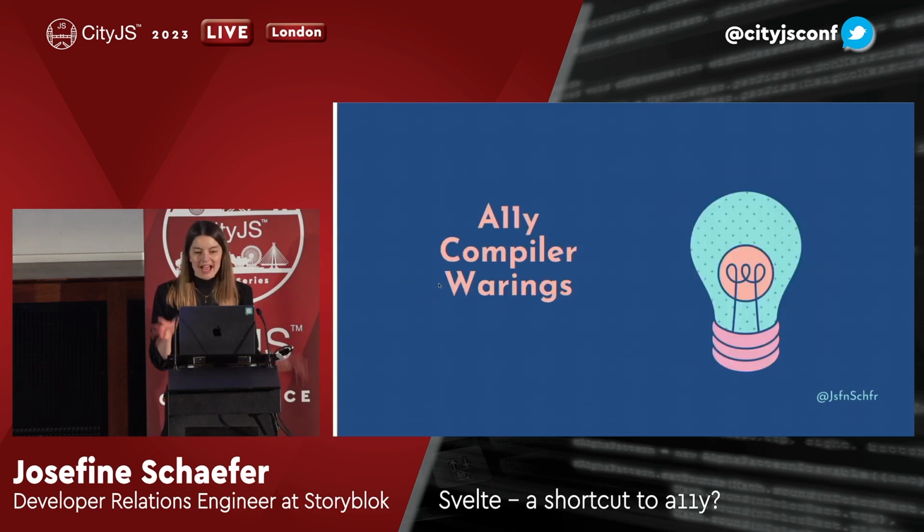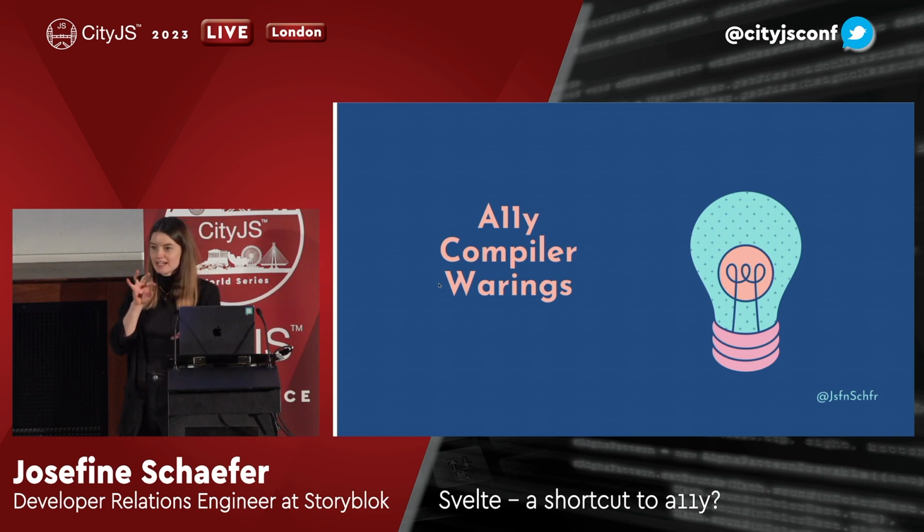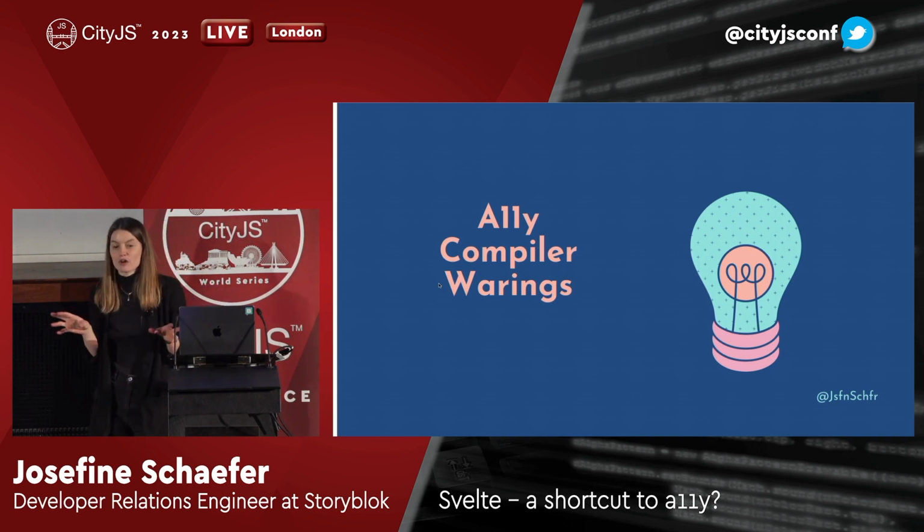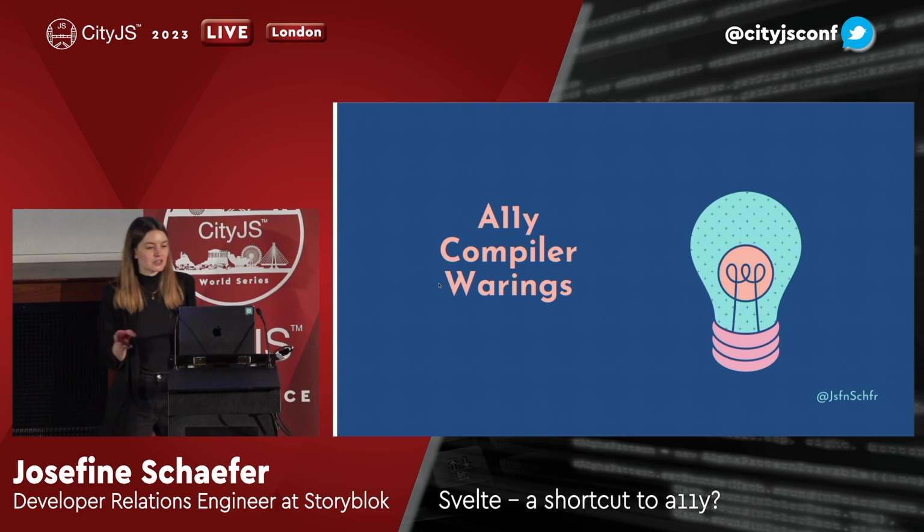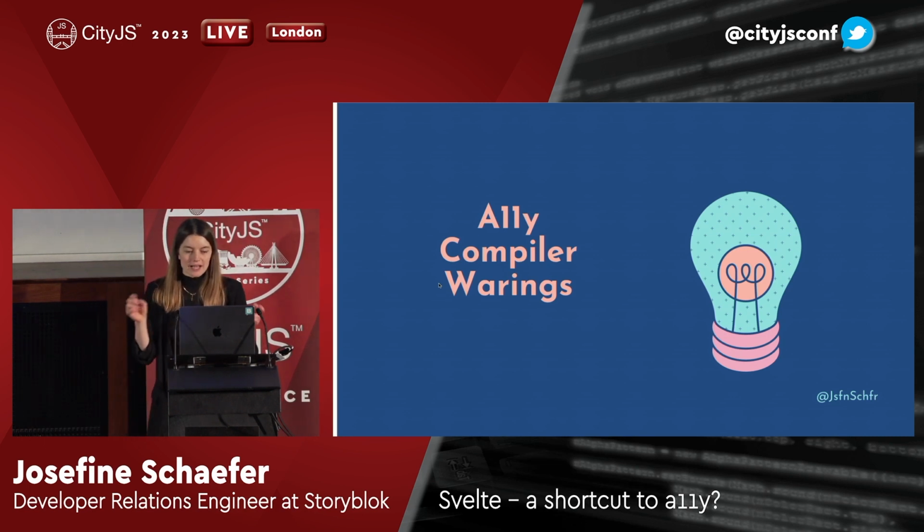They have these compiler warnings that help you weed out some of the accessibility issues. It's checking during compile time what is going on, mainly for individual components, but it really gives you a good starting point. I thought it was quite a cool statement to say, we as a framework are accessibility first, right?